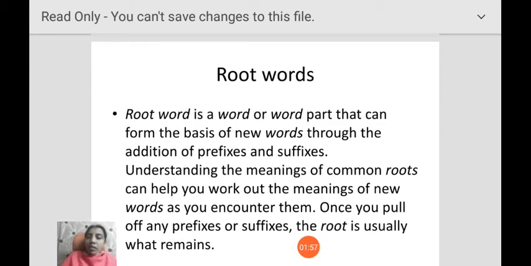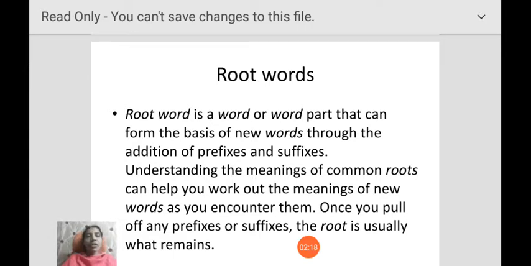First, let us know what are root words. Okay. A root word is a word or a part that can form the basis of new words through the addition of prefixes and suffixes.